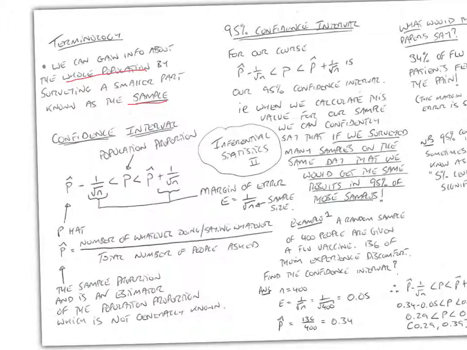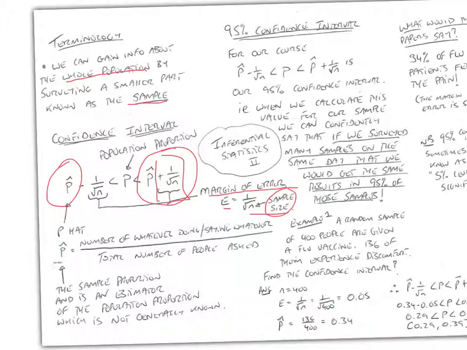Okay, and this notion of a confidence interval, the confidence interval is given by this formula here: p hat minus 1 over square root of n is less than our population proportion, which is less than p hat plus 1 over the square root of n. Okay, so our 1 over root n, that's known as our margin of error E, and that's equal to 1 over root n, where n is the sample size.